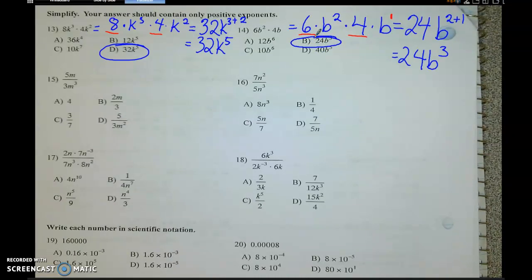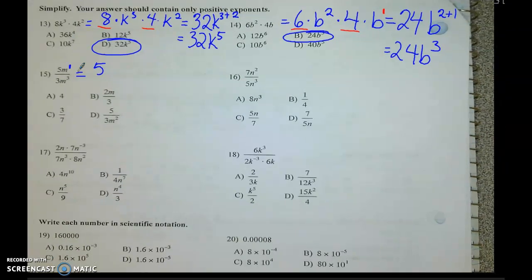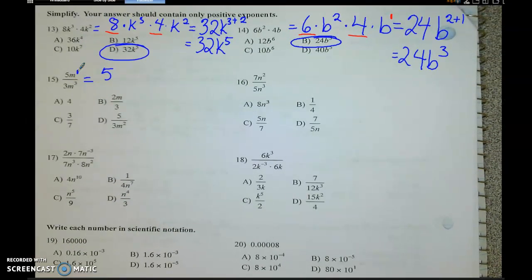Okay. Number 15, we're dividing. So with division, we're going to subtract. Okay, so we have 5, and remember that m is to the 1st power. So we have 5/3, and then we have m to the 1st minus 3rd.